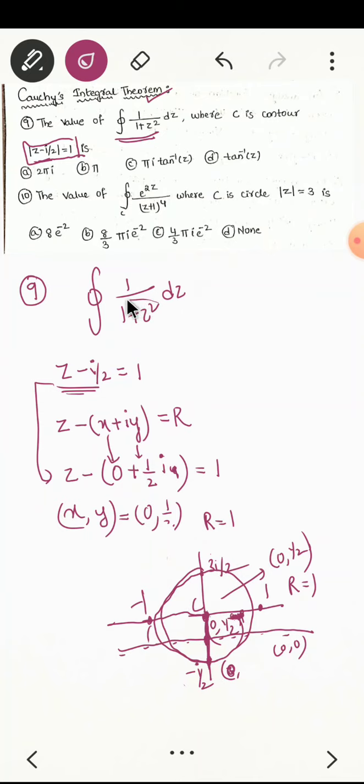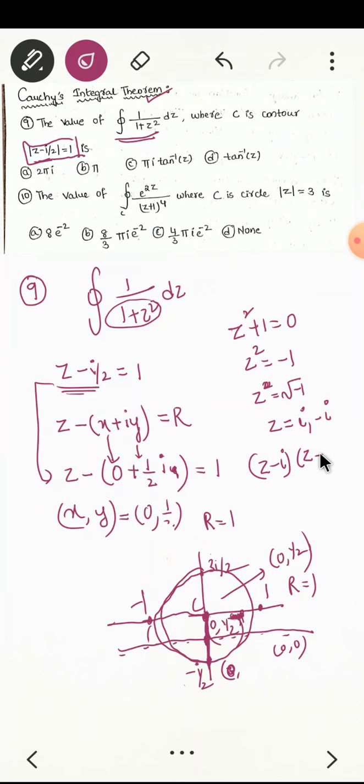Now find the roots of this function. What can I write? z square plus 1 equal to 0, then z square is equal to minus 1. z is equal to root over minus 1, that means z is equal to i comma minus i. That means z minus i is one root, and z plus i is another root. Now check z equal to i, whether i is inside the contour or outside the contour.